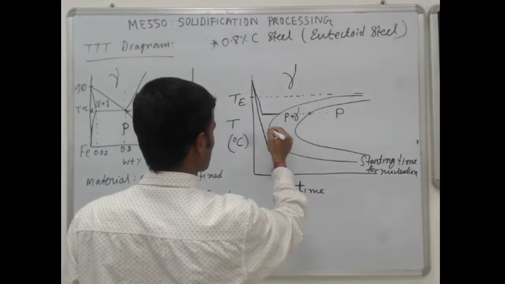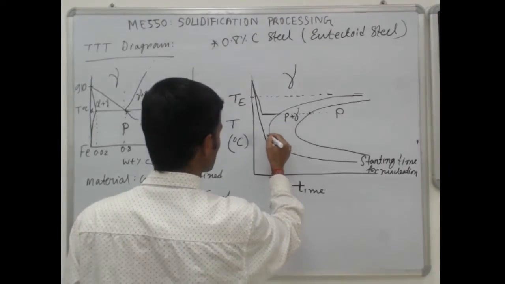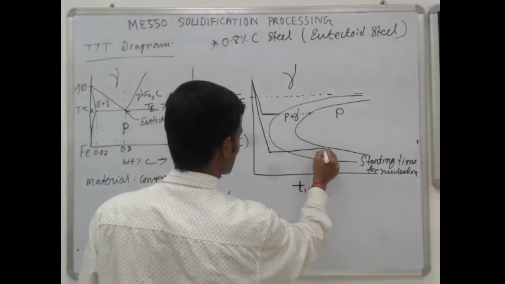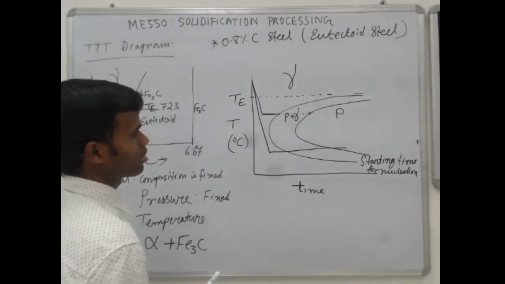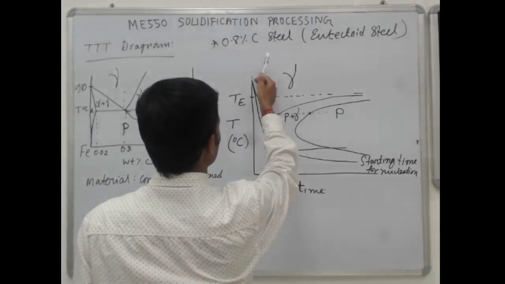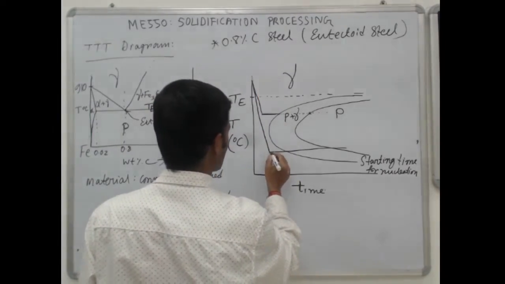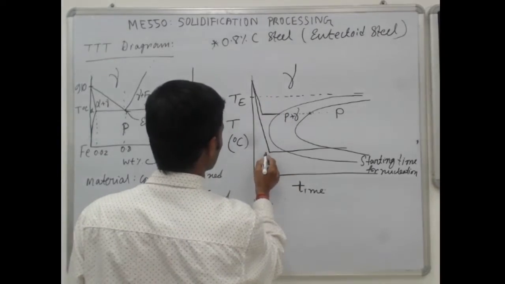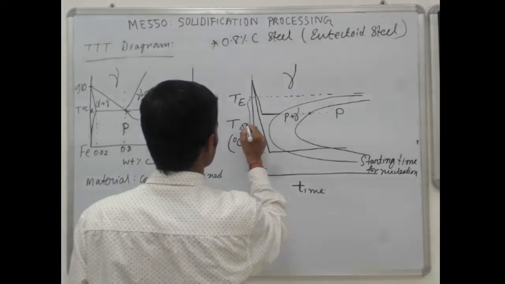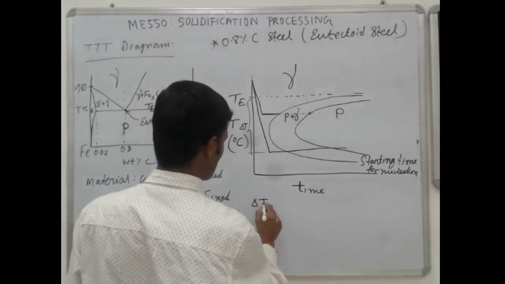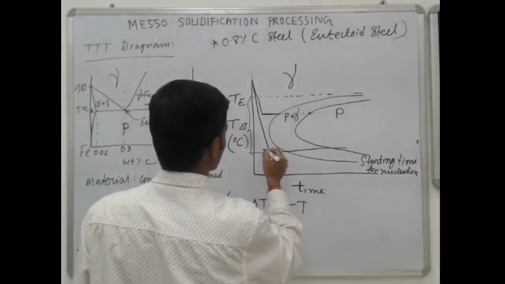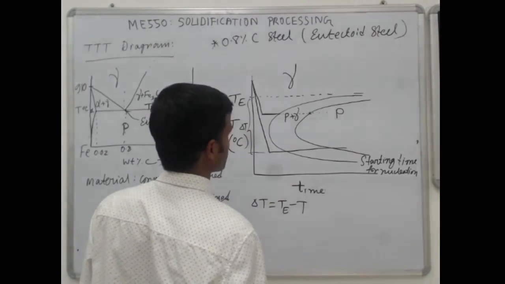you come down to this nose and then you hold it like this. Then also what will happen, the austenite at high temperature, now this amount of undercooling is this much, this is your undercooling delta T. Delta T is T eutectoid minus, say, this transformation temperature.